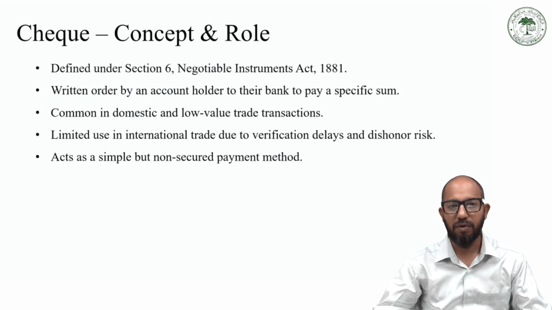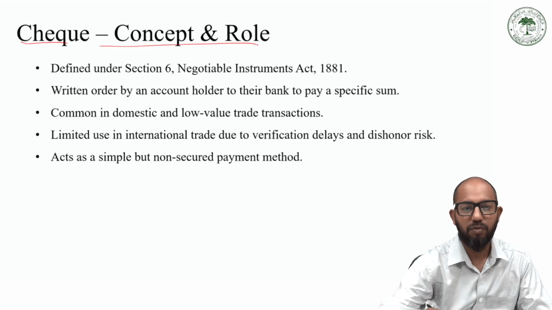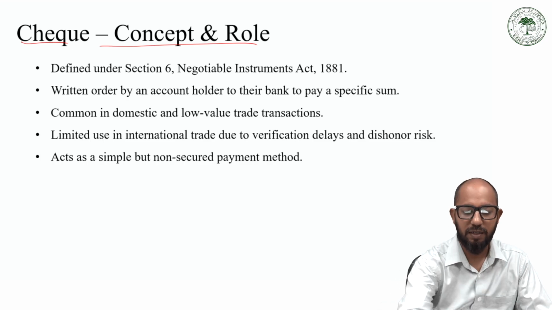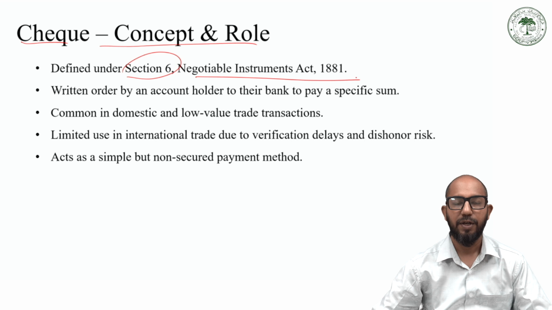Let us now look specifically at some instruments that are widely used in international trade as payment instruments. The first is the check. We'll try to understand its concept and note. Check is defined under Section 6 of the Negotiable Instruments Act 1881 in India. Thus, it is a kind of negotiable instrument.